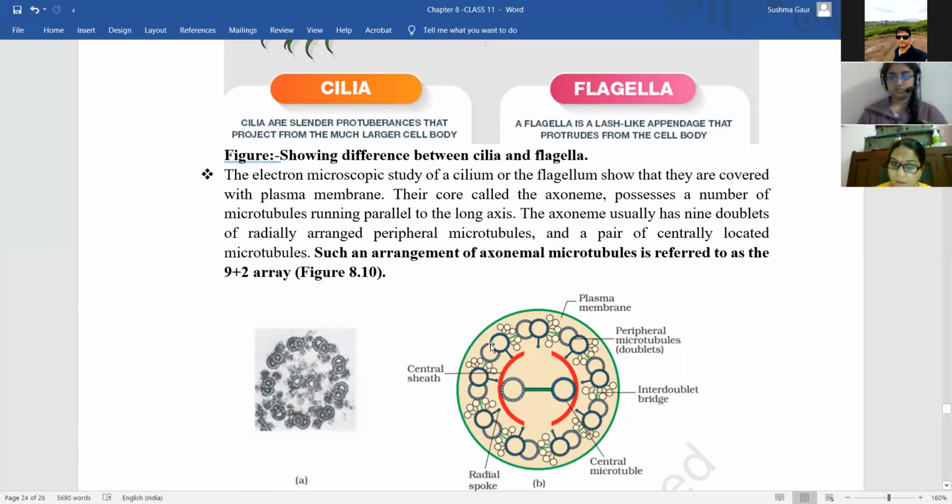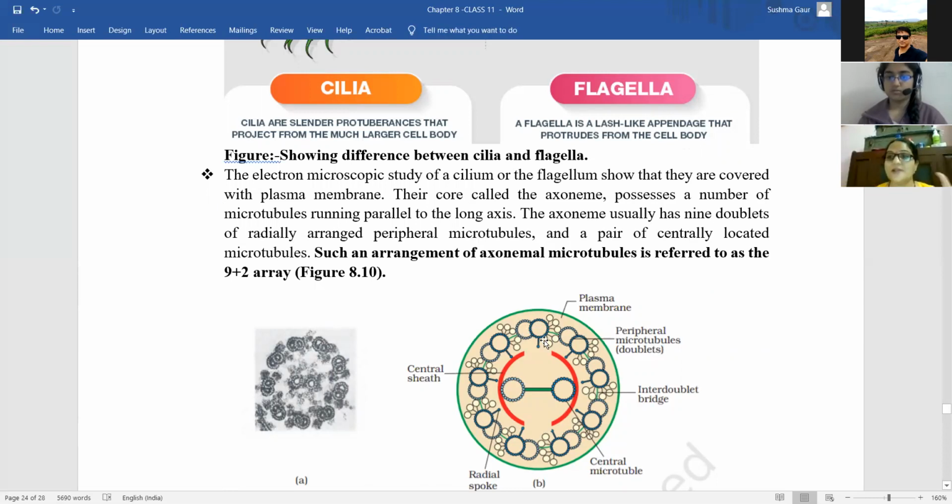The axoneme usually has 9 doublets of radially arranged peripheral microtubules. 9 doublets means 1, 2, they are doublets, and they are present in 9 numbers: 1, 2, 3, 4, 5, 6, 7, 8, 9. Each doublet consists of 2 microtubules.